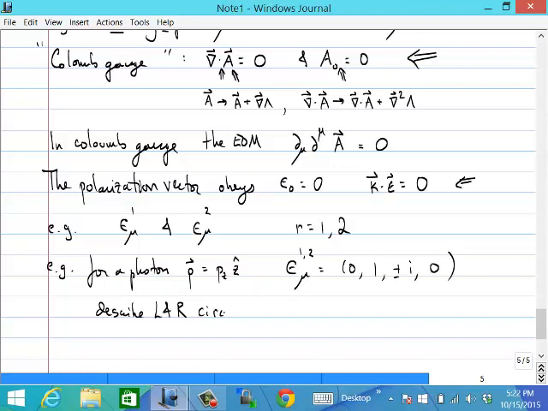Or, if you wanted to work in terms of linearly polarized photons, you would take epsilon 1 to be (0, 1, 0, 0) and epsilon 2 to be (0, 0, 1, 0). It's just a choice which polarizations you choose.